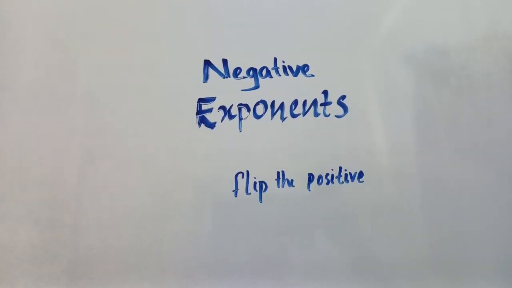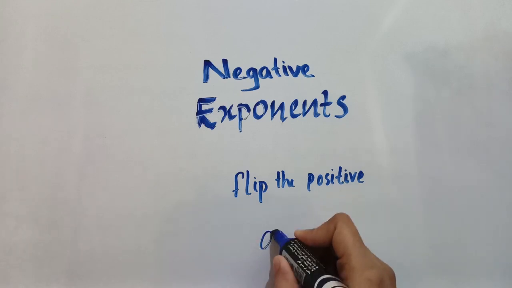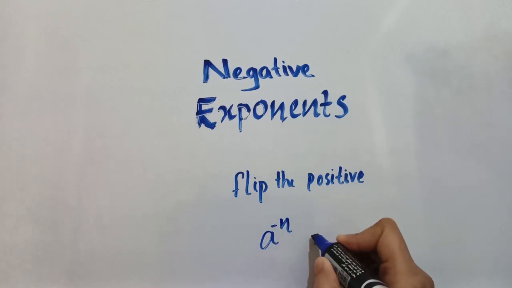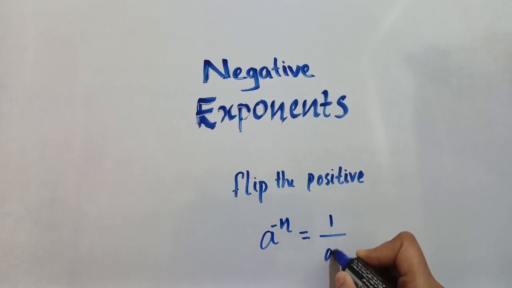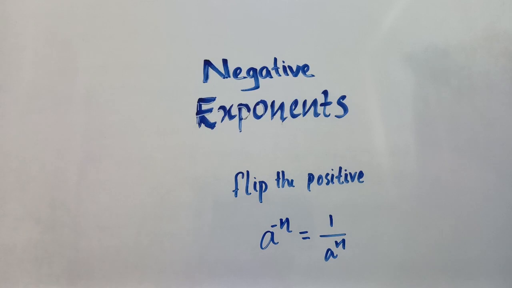That is, from the previous example we can say that negative exponents means flip the positive. That is, we have to take the reciprocal of the positive exponent. That is, if a raised to minus n, we can write 1 by a raised to n.